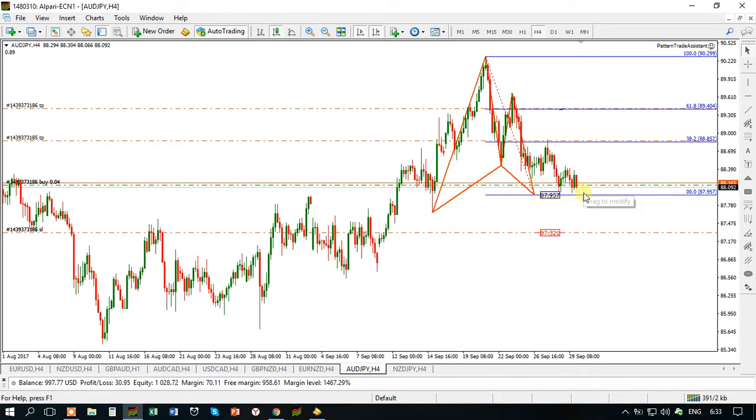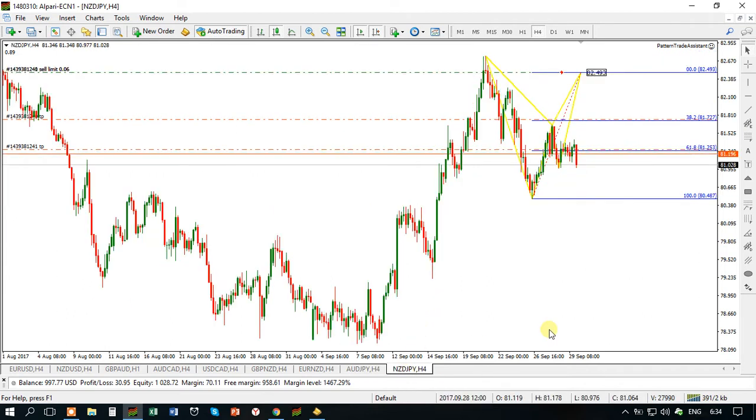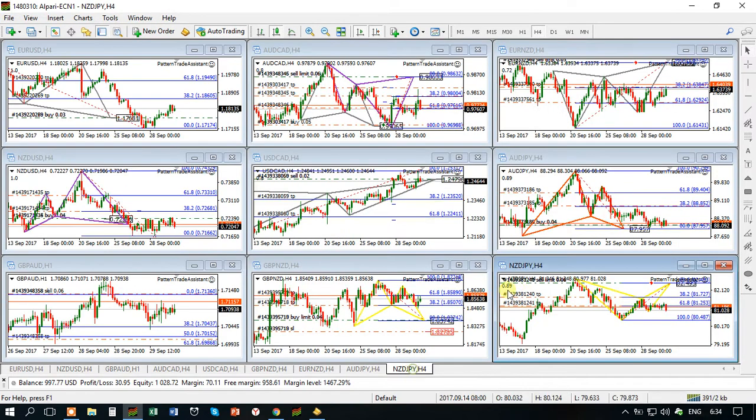So that's why I am a bit higher than needed, but it doesn't actually matter. We are still at the entry, a good opportunity, and can enter right now or when the market opens. And the New Zealand yen 4 hour. So these are the trades that I'm looking at for today.